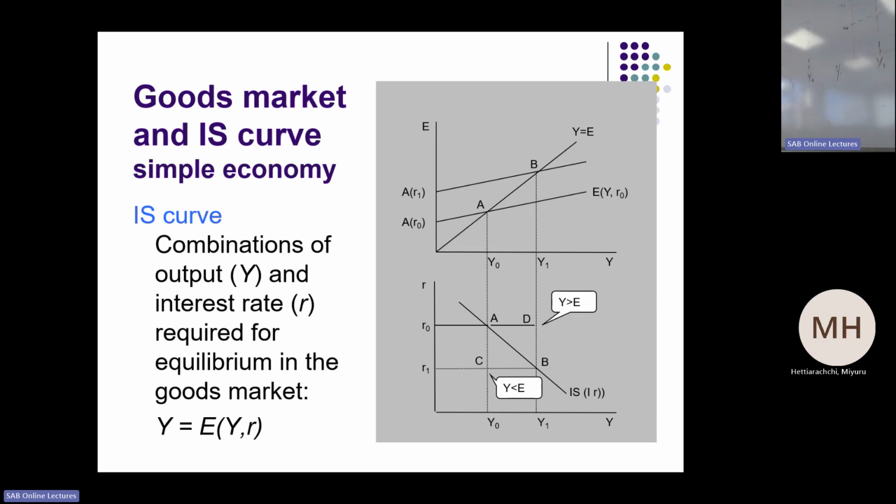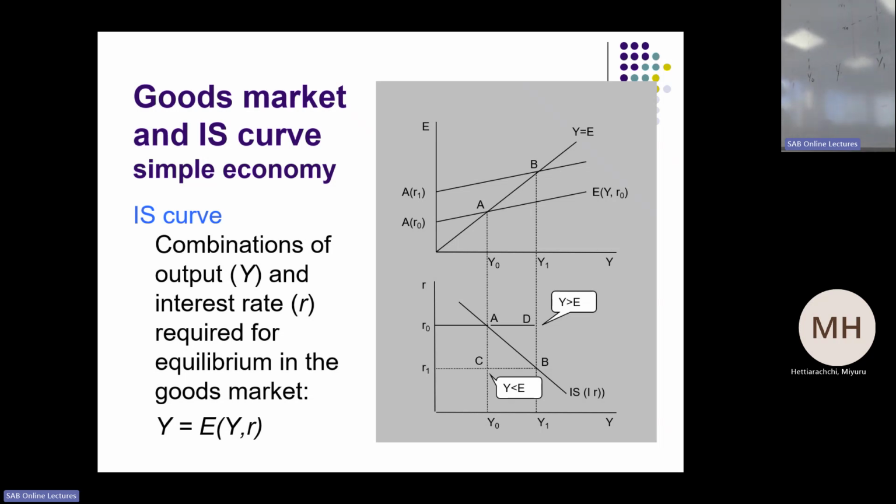It's the same graph, same thing explained differently. This is the equilibrium, I equal S. This is the investment, this is the savings. A particular interest rate determines the investment. I0, S0 is the equilibrium. This is the 45-degree line, so that determines the savings.